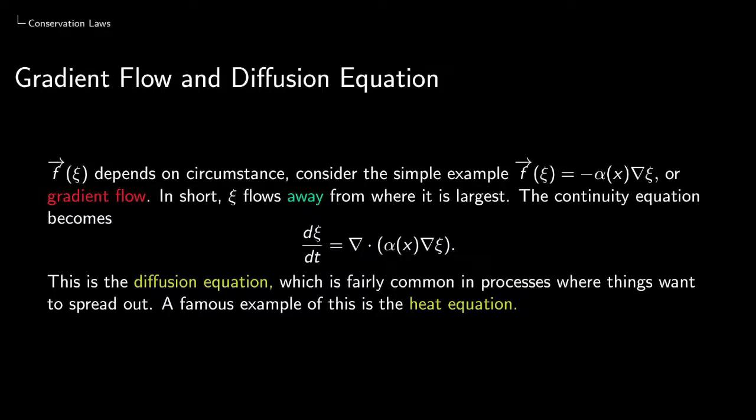And that gradient can be modulated by some sort of spatial variable alpha of x, so I include it here. In doing so, we get a continuity equation: dz/dt is equal to the divergence of alpha gradient z. And this is what we call a diffusion equation. These are super common in material sciences. The most famous version is the heat equation, where that alpha term is just equal to 1. So we have dz/dt is equal to the Laplacian of z.